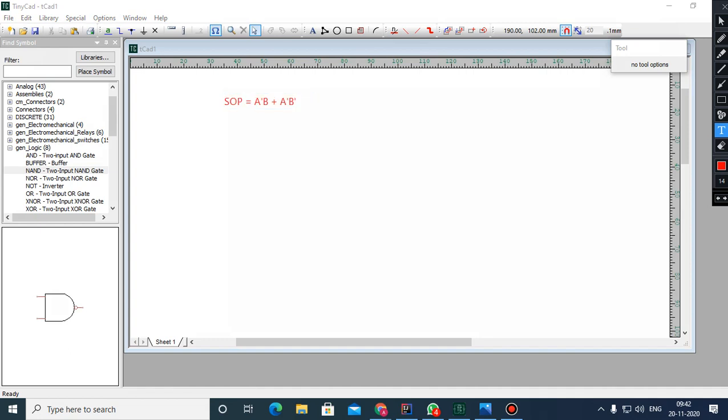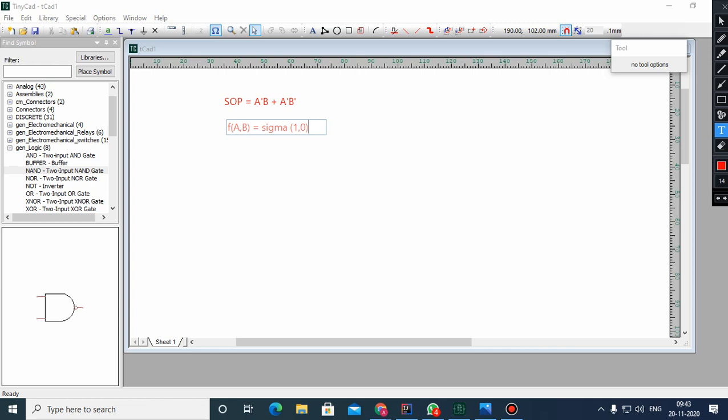This expression can also be written as a cardinal expression, which is Z equals function of two variables A comma B equals sigma, within brackets 1 comma 0.